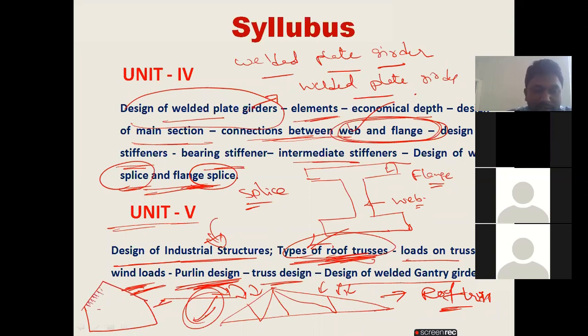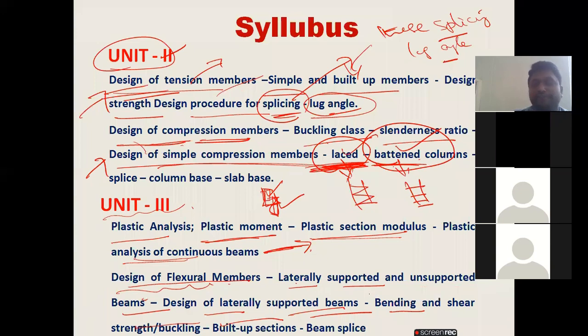This is called purlin. Okay. The purlin, I will show the image. The next one, truss design. This one is the design of welded gantry girder. So even welded gantry girder is also there. I will show the image for that one. Okay, these are the complete 5 units, from unit 1 to unit 5.